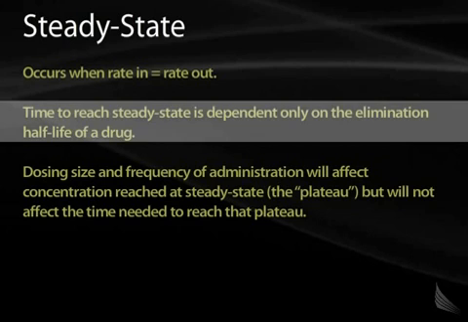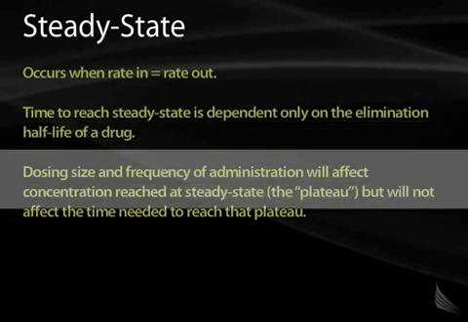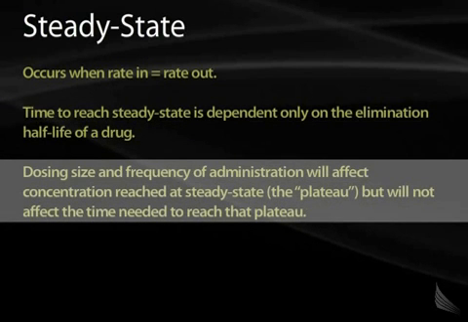The time to reach steady state is dependent only on the elimination half-life of the drug. If you give more of a medication and give it more often, it will affect the concentration reached at the steady state, but it will not affect the time needed to reach that plateau. And we'll talk about that right now.